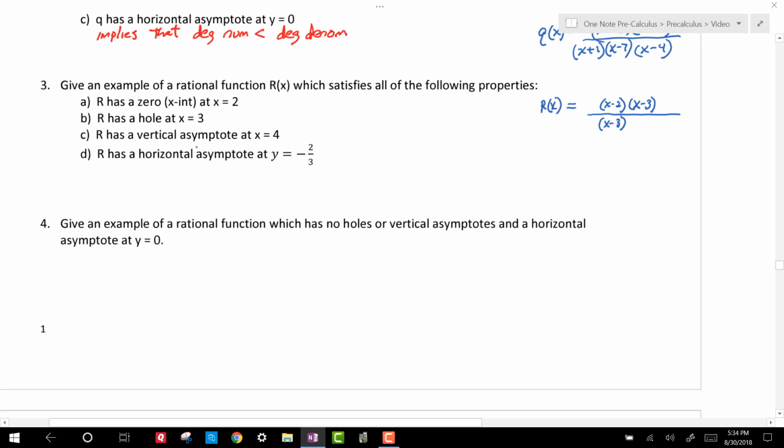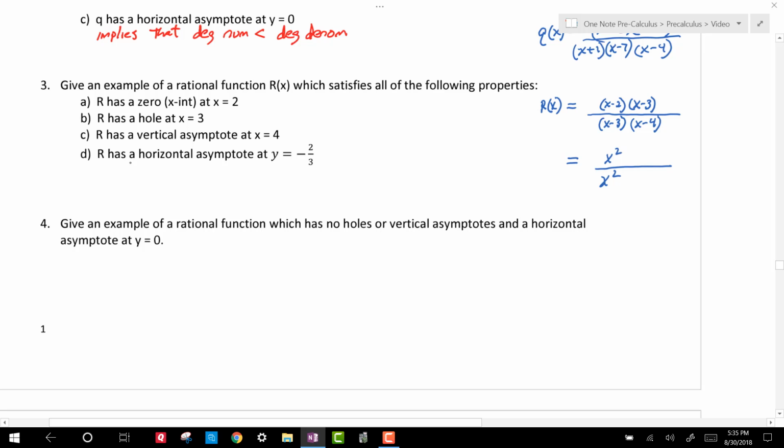R has a vertical asymptote at x equals 4. Now, if you think about it, those x minus 3s, those are removable. If we were graphing this, we would actually remove those, and I should have a vertical asymptote at x equals 4, which means I should see a factor of x minus 4 in the bottom. Now, if we were to multiply all that together, this would literally be some x squared plus or minus something over some other x squared plus or minus something.